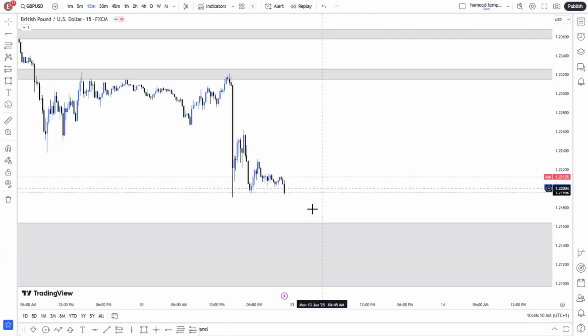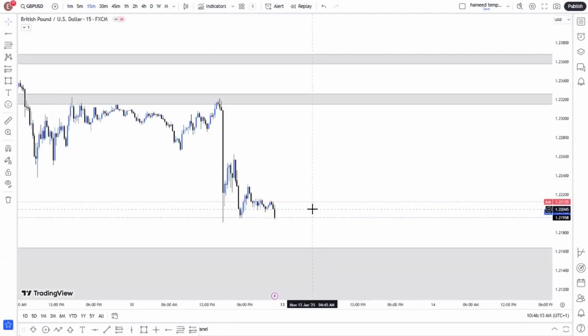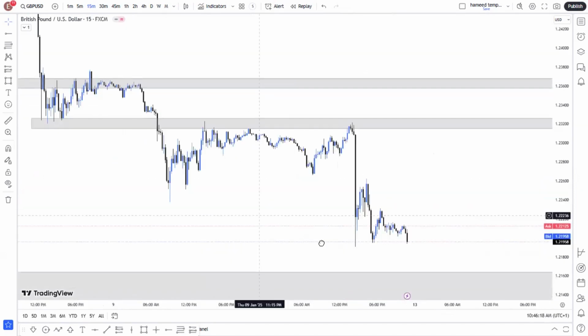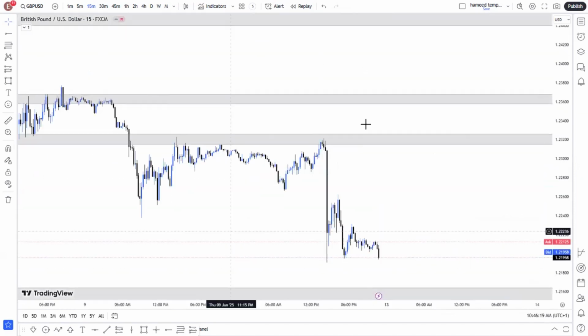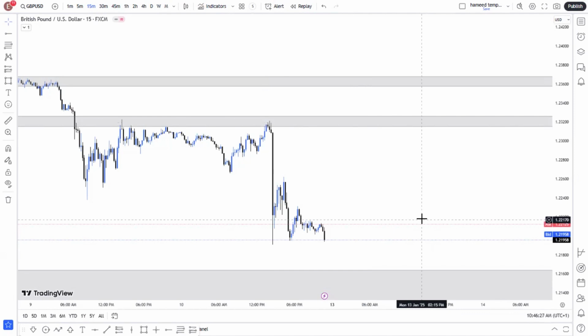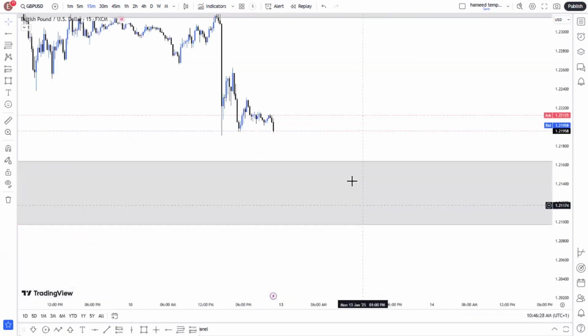So that's my bias on GBPUSD for now, because it's not giving me what to be expecting. What I'm expecting now is if it goes up here, I might ride it down back here. But if not, the market comes down here to this bar. Remember that this bar is from daily time frame.